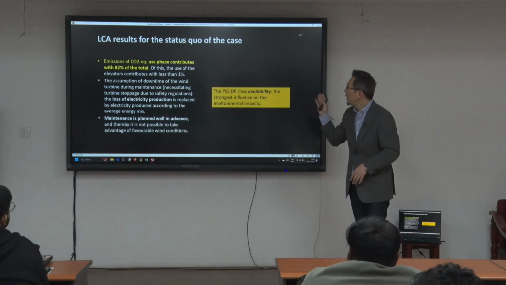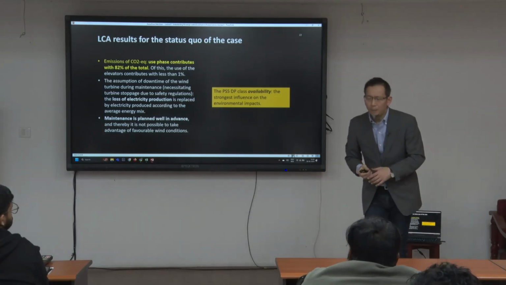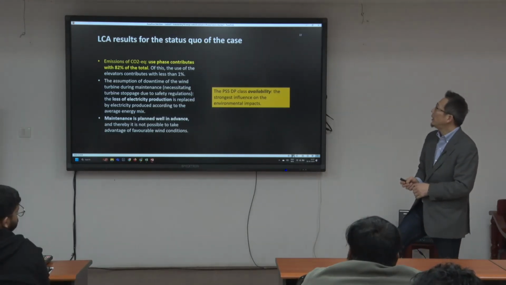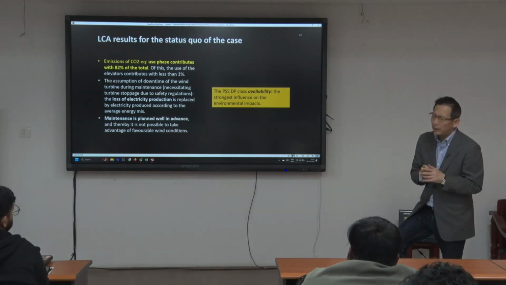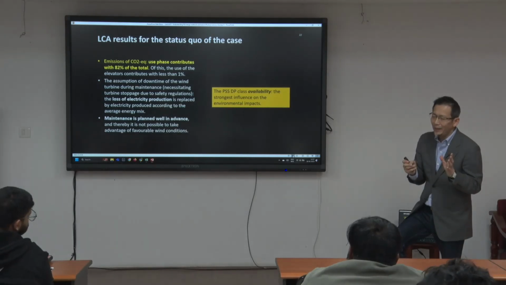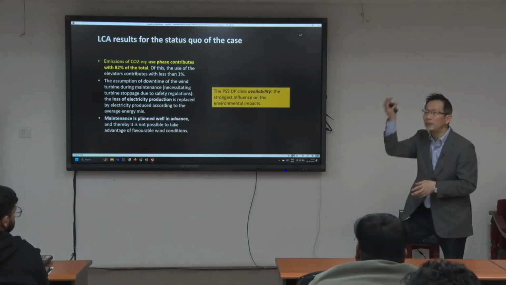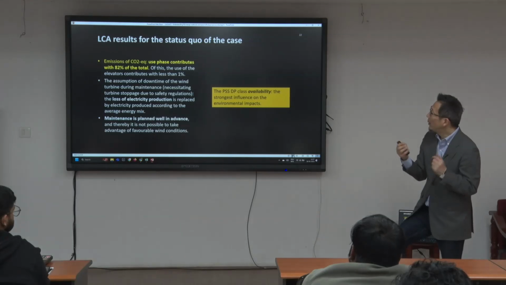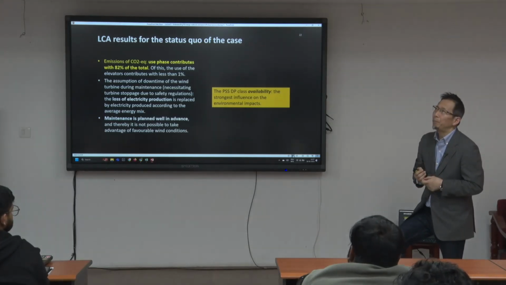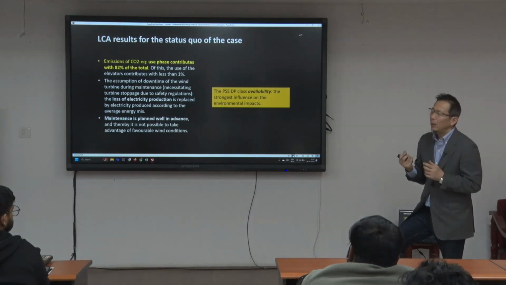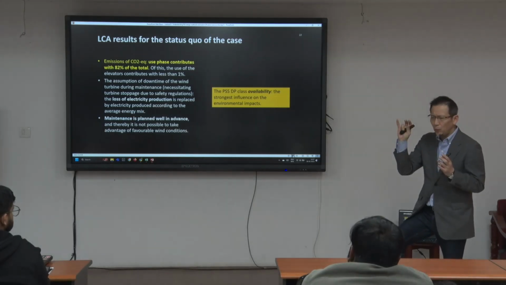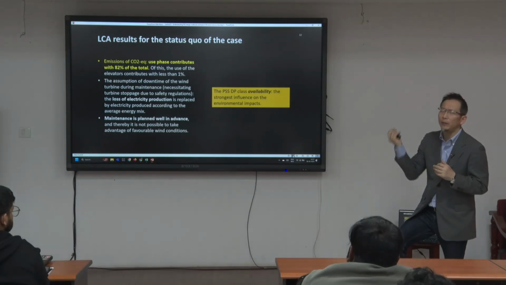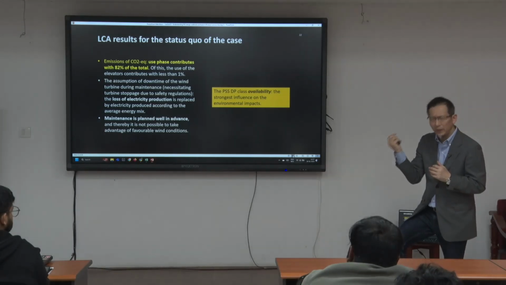And interestingly, the 82% comes not through the electricity used for moving the elevator cargos, but because of the stoppage of the wind turbine when the maintenance takes place for this elevator.